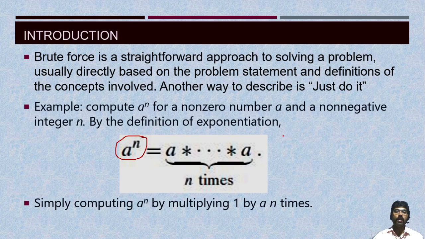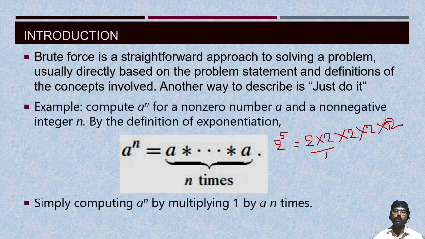For example, if I want to calculate a raised to n, you have to multiply like this way up to n times. Now see this example. If I want to calculate 2 raised to 5, how to calculate this formula? You take 2, and again you have to multiply it with 2, again multiply with 2, five times in total.